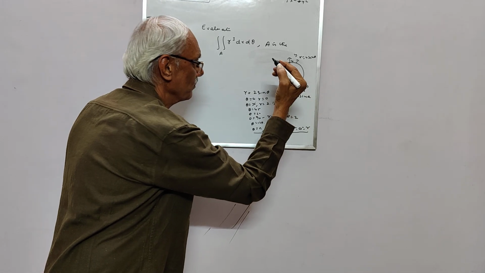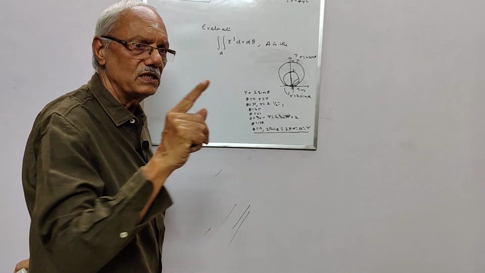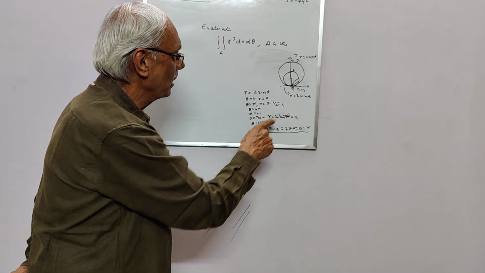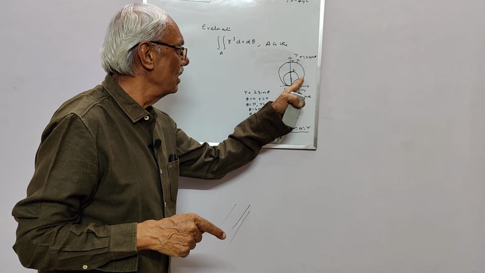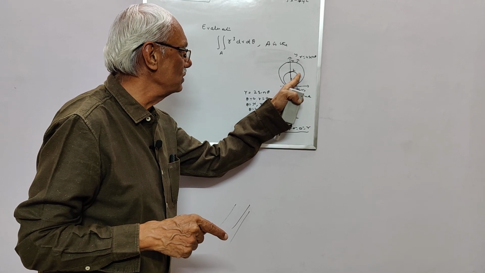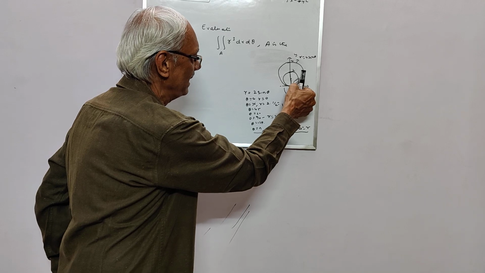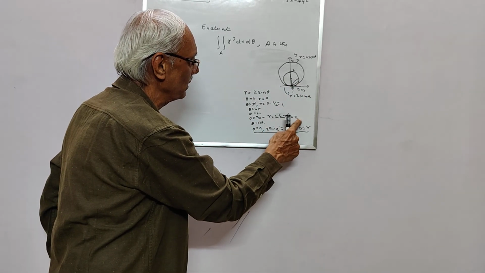You give theta is equal to 30 degrees, you get sine theta is equal to half, so you get r is equal to 1. Then for theta is equal to 45, theta is equal to 60 degrees, and when theta is equal to 90 degrees, sine 90 will be 1, and therefore you will get 2.